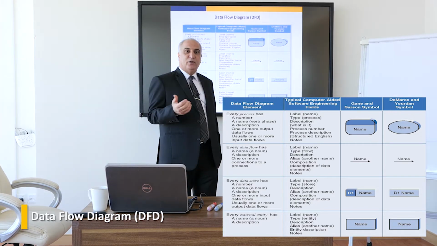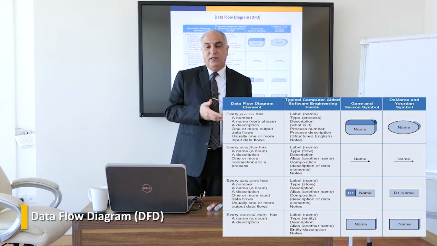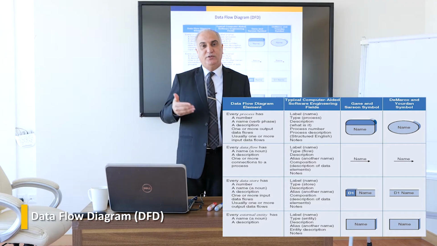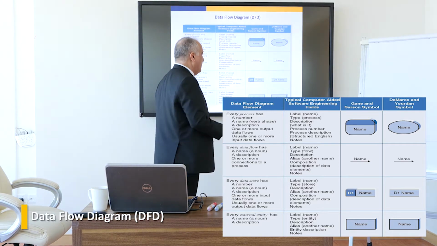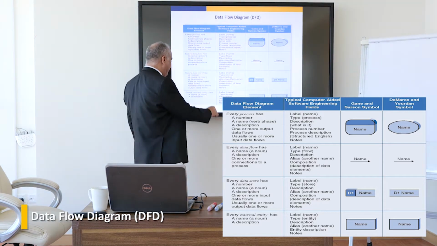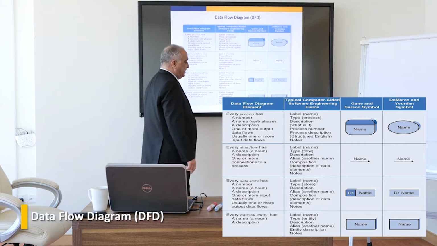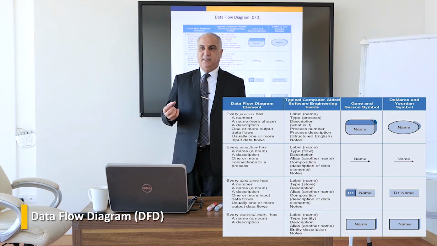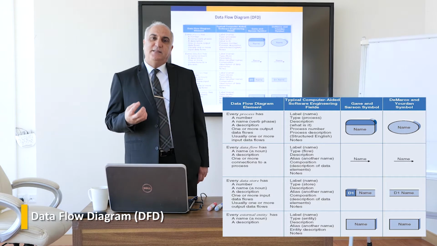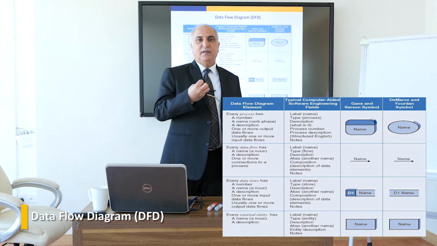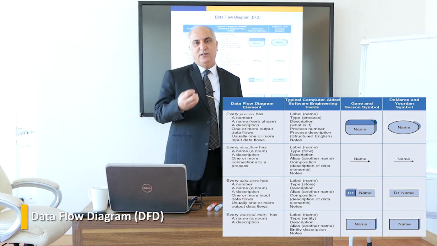We could have more than one file, therefore we need to number the files. We call them D1, D2, and so on, and this is the name of the file. Here we have the external entity, and in this case, the external entity is the entity that has interacted with or provoked or initiated the process.